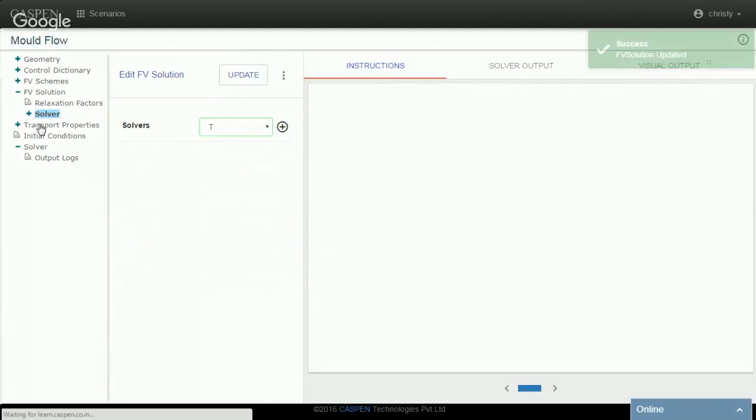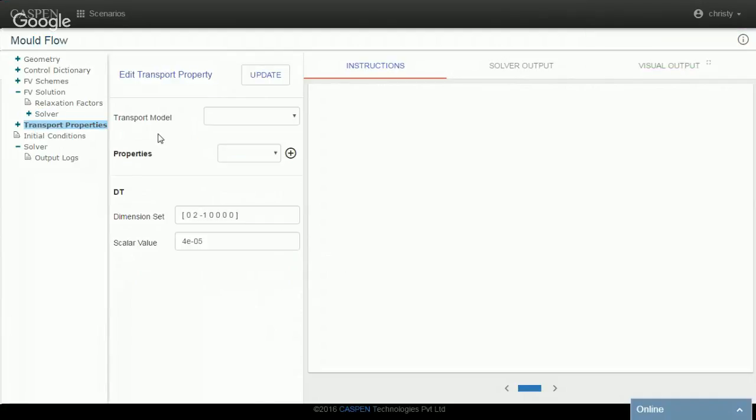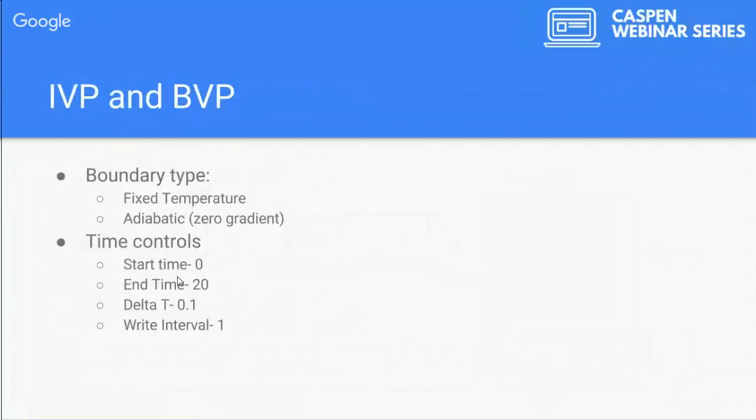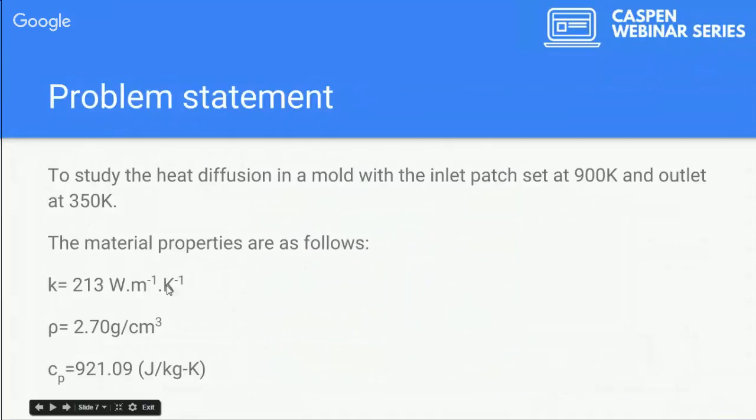And the next important thing is the transport properties, where we will be changing this value, because this again is the DT, which I had shown earlier, that is over here. So we'll go back and see what we need, for which we will calculate the value for DT.